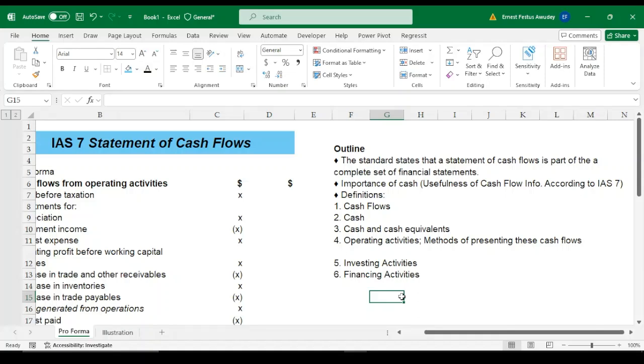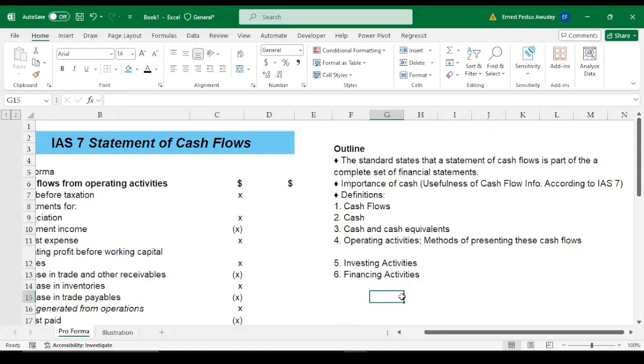Then the second one is that it is useful in assessing the ability to generate cash and cash equivalents. Users can also develop models to assess and compare the present value of future cash flows of different entities.